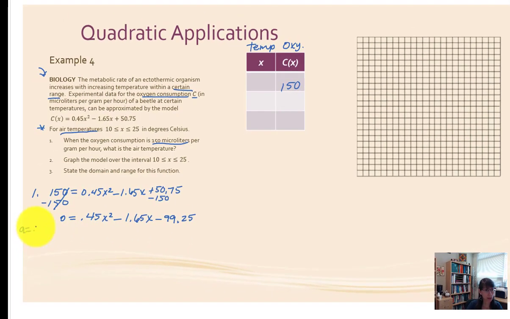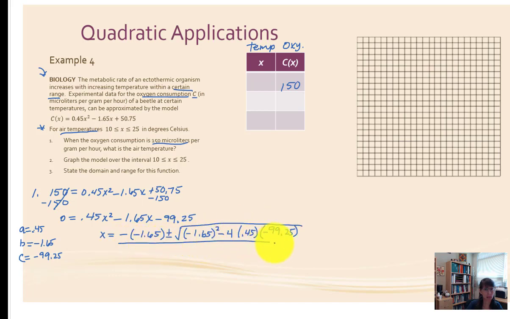So a is 0.45, b is negative 1.65, and c is negative 99.25. Substituting into the quadratic formula, negative b plus or minus the square root of the quantity b squared minus 4 times the a value multiplied by the c value. And all of those terms are divided by 2 times a.